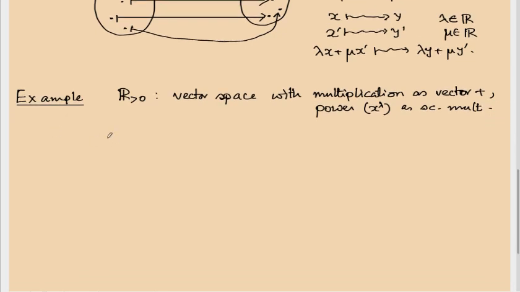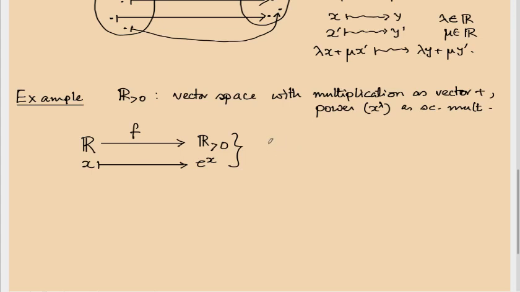Now, let me give you a second jolt. R is a vector space with its usual addition and multiplication, as we know. And I define my function to be e to the power x.